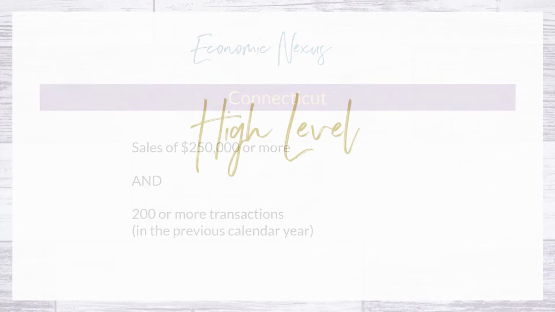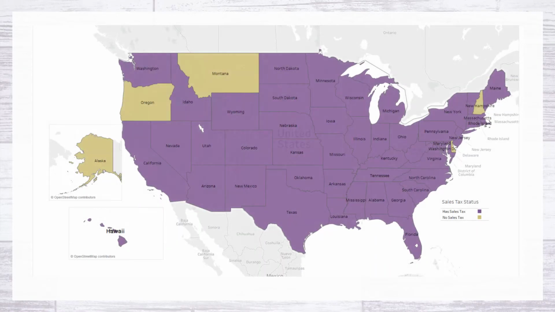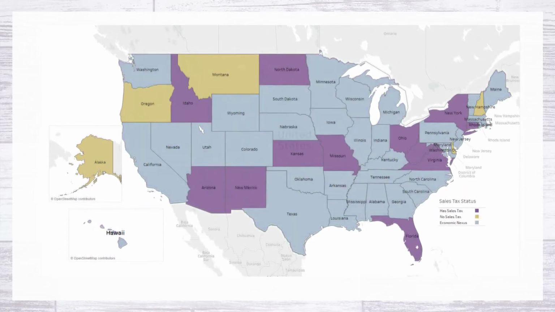So let's back out and look at a high level of sales tax. You can see here, 45 states have sales tax. These are the purple states. There are only 5 states without sales tax, and those are represented in gold. And that's Alaska, Delaware, Montana, New Hampshire, and Oregon. Of those 45 states, 36 of them have already adopted economic nexus, and more states are adopting it as we go along.